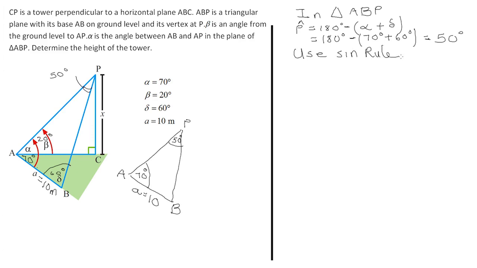So we're going to now use the sine rule. Always start from the side that you want. This is obviously 60 degrees. We always will start from the side that you want.